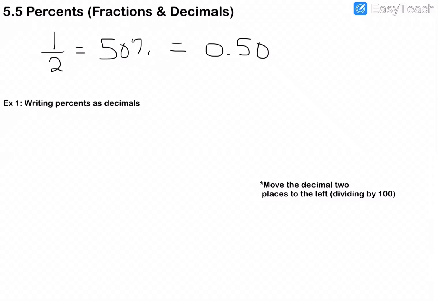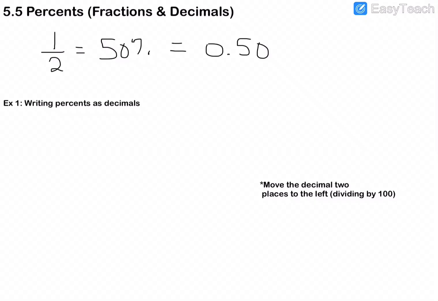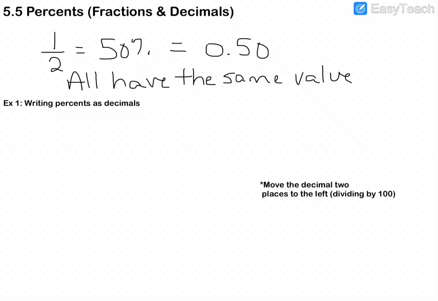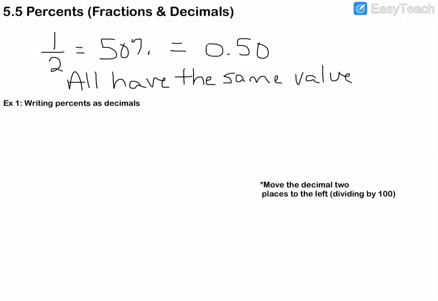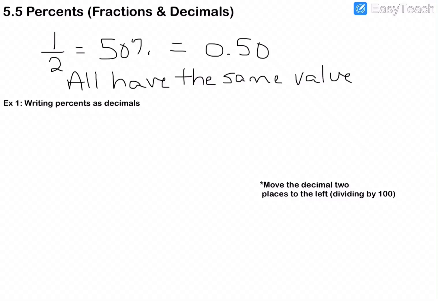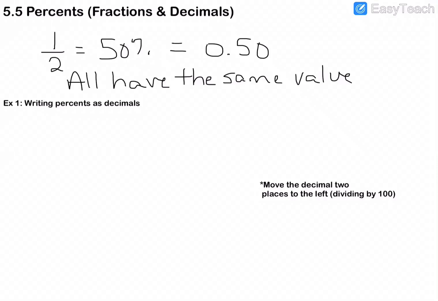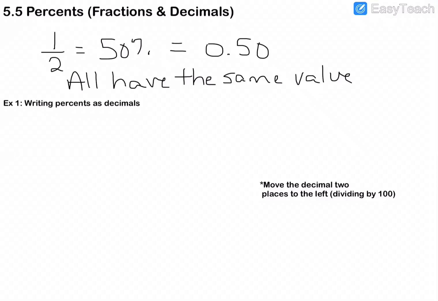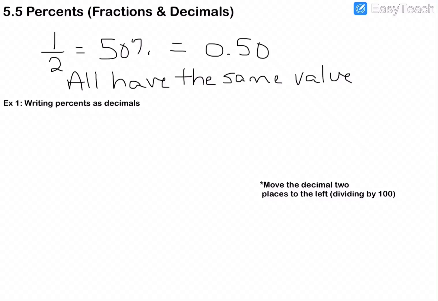Those 3 different numbers all represent the same value. 1/2 is the same thing as saying 50%, which is the same thing as saying 0.50. So really today's lesson is going to be talking about how we get from percents to decimals and how we get from decimals to percents. And then, like I said, tomorrow we'll be talking about how to convert that into fractions. So today's just should be a review.